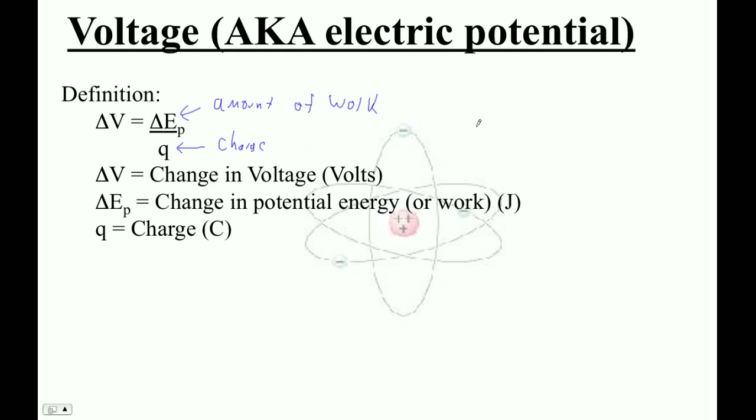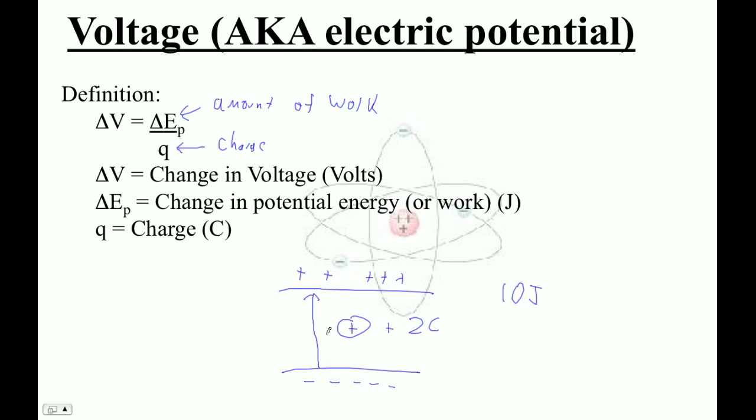So for example, if I'm moving positive charge, let's suppose I've got a negative plate here and a positive plate there, right? Let's suppose I've got 2 coulombs of charge, and I move it from the negative plate where it wants to be, and I lift it all the way up there. If I do 10 joules of work doing that, that's how much energy I put in, then it has 10 joules of potential energy.